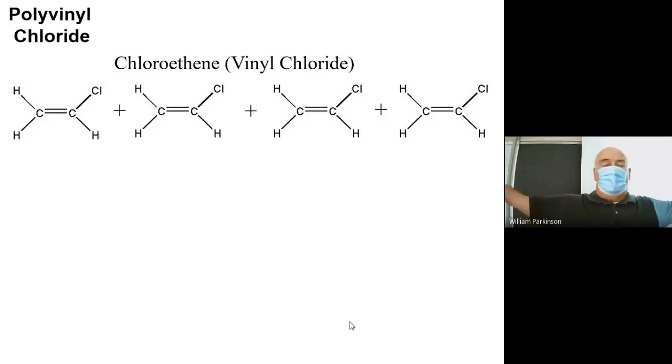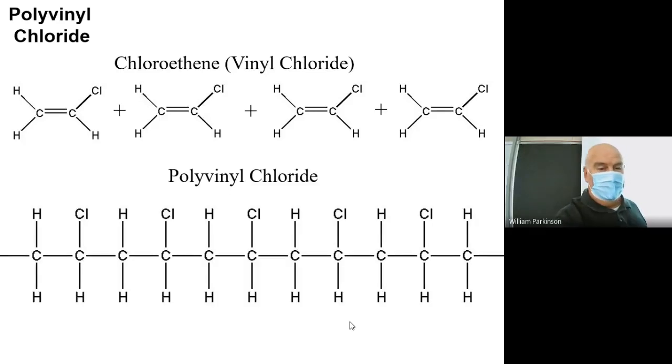So you reach out, break the double bond between each monomer unit, they grab onto each other, and you form this. And this, as you can see, looks very similar to polyethylene, except now every other carbon has a Cl on it.